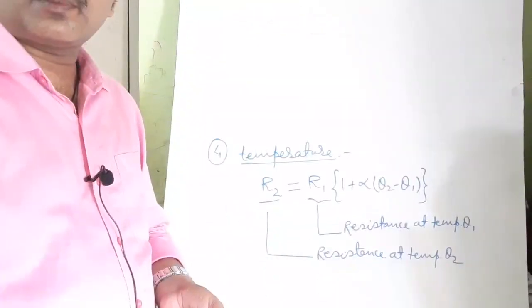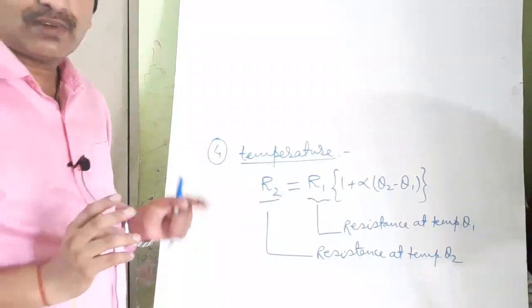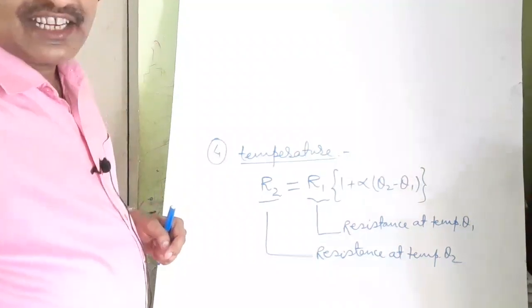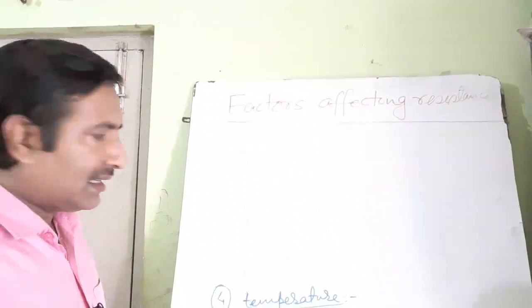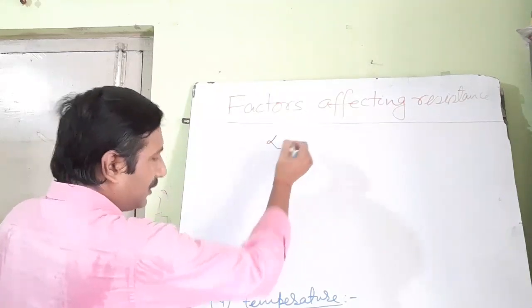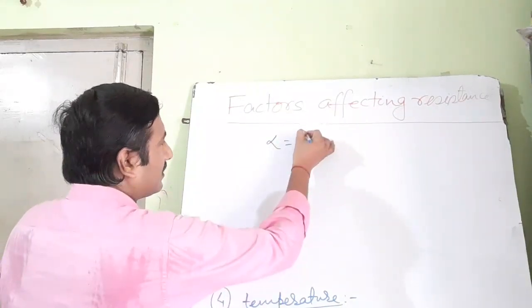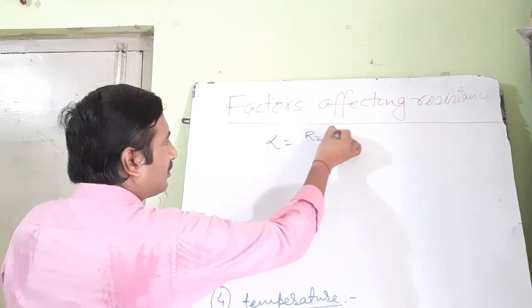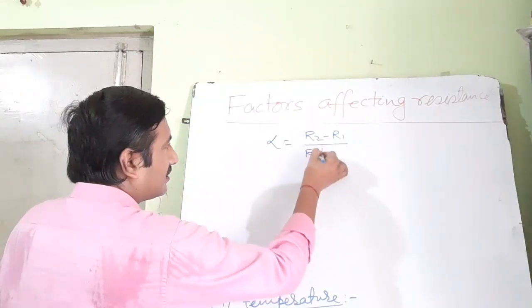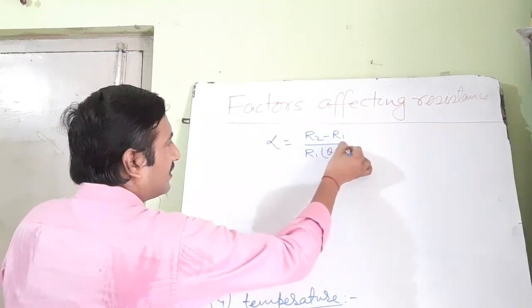From this formula, R2 is equal to R1 into 1 plus alpha theta 2 minus theta 1, you can write alpha is equal to R2 minus R1 divided by R1 times theta 2 minus theta 1.